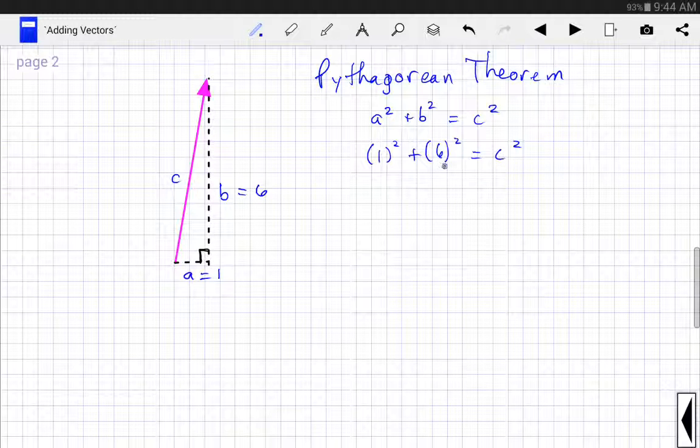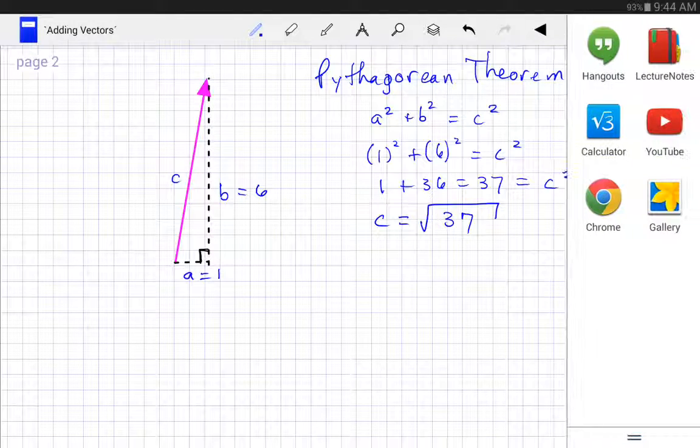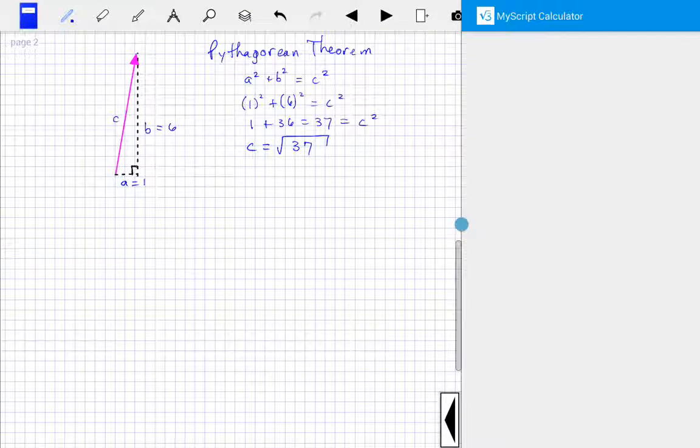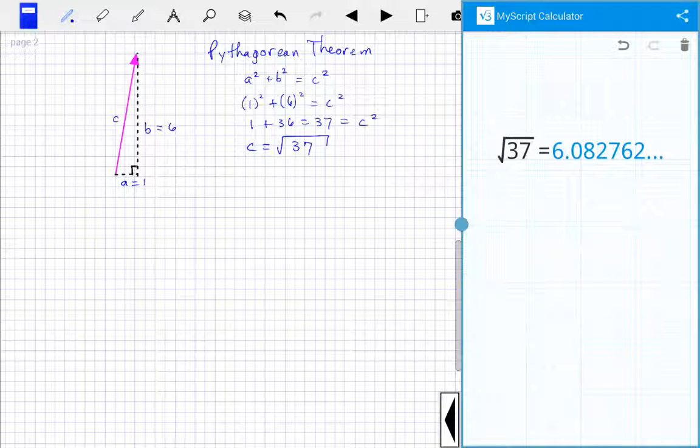Multiplying this out, 6 squared is 36. 1 plus 36 equals 37 is equal to c squared. Now if I want to find c, I simply say c is equal to the square root of 37, and I call up my nifty calculator, and the square root of 37 is 6.08.